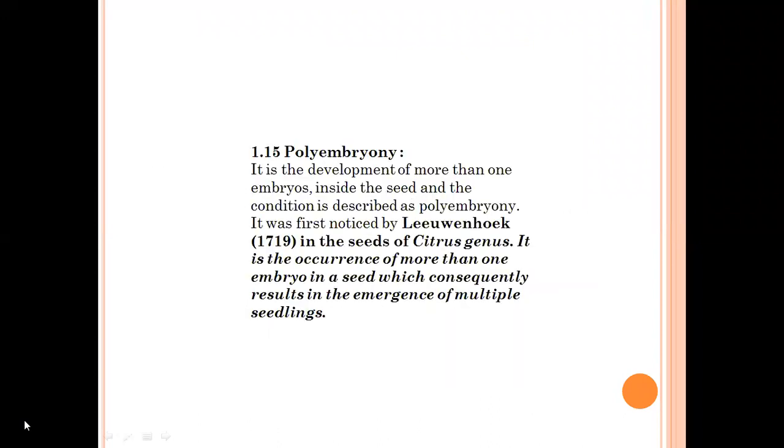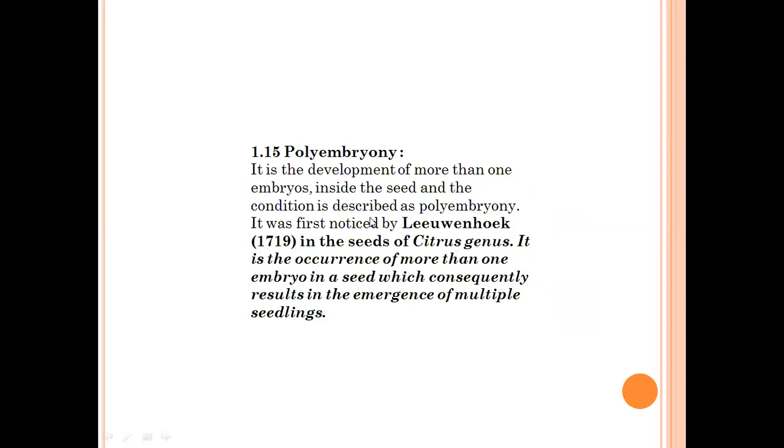Now next, polyembryony. It is the development of more than one embryo inside the seed, and the condition is described as polyembryony. It was first noticed by Leeuwenhoek in the seeds of citrus genus.